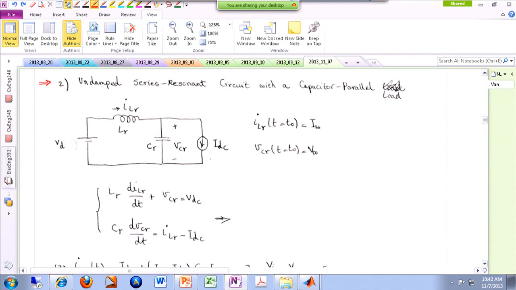Again, you have a resonating circuit in which there is a DC source, which is either your really DC source or a very large cap. Then we have a resonating inductor, a resonating capacitor, and also a DC current source over here, which is actually the main inductor in the system because it's a very large inductor compared to the resonating components. So it behaves more like a DC current source.